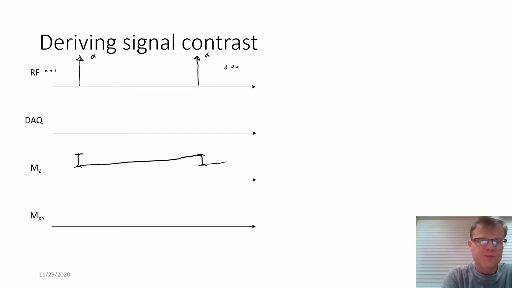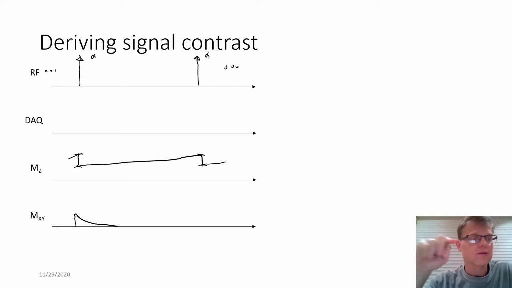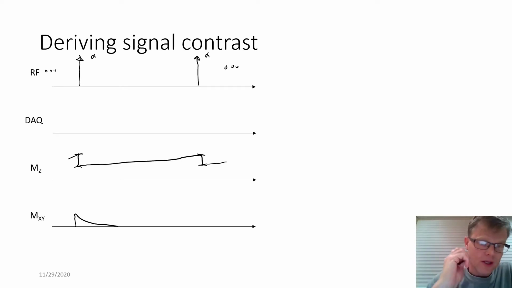Then of course we'll get some transverse magnetization from this, but to determine the contrast, we're really going to zero in on MZ. So we're going to call this height here MZ minus. This one as well, MZ minus.